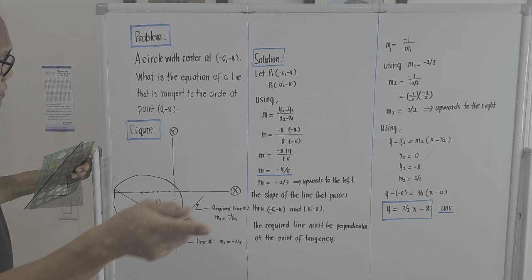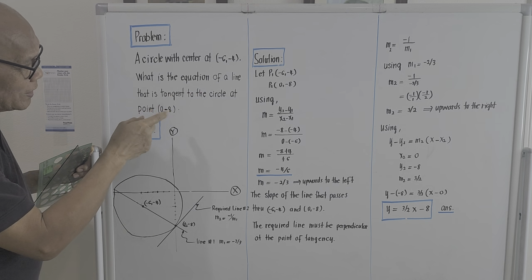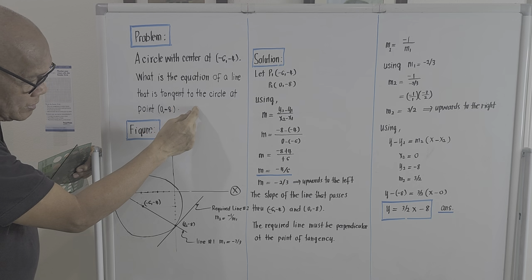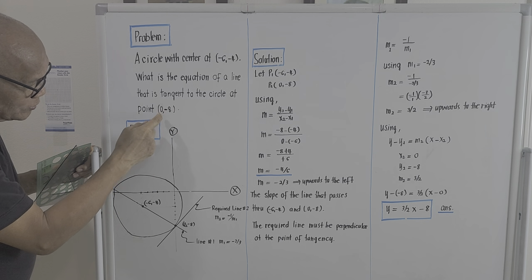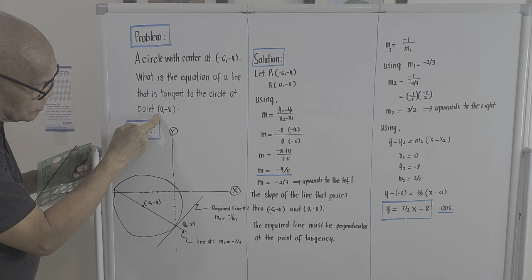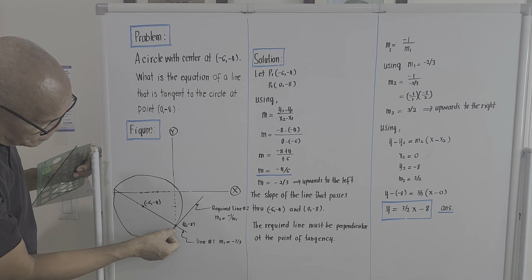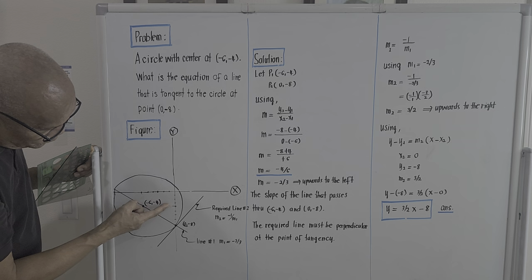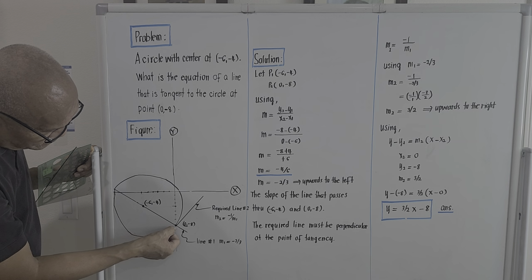The problem is asking what is the equation of a line that is tangent to the circle at the location 0 and -8. At the location 0 and -8, meaning the abscissa is 0 and the ordinate is -8, it is this point here: -1, 2, 3, 4, 5, 6, 7, 8.